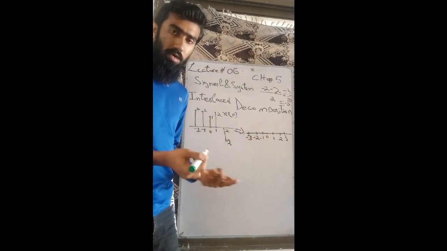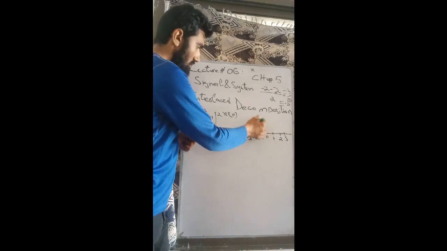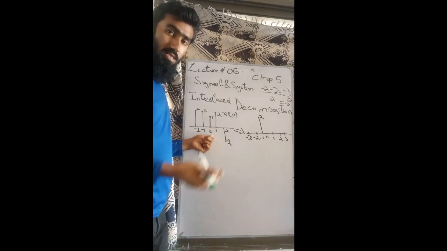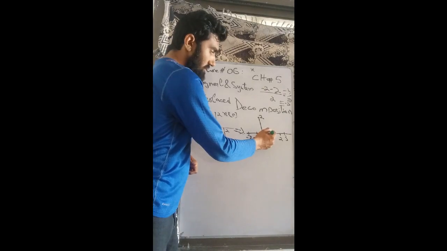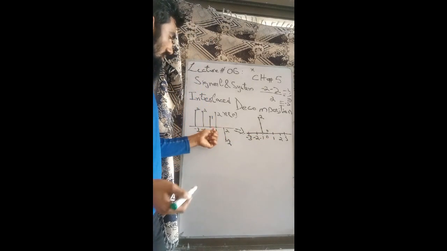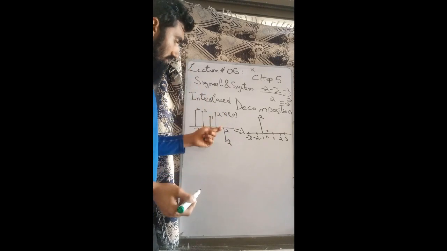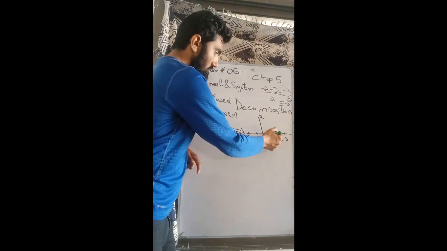And -1 is an odd index, so we will take this value. This is 2. And 0 is again even, we consider it 0. So at 1, which is odd, we are taking this value 2.